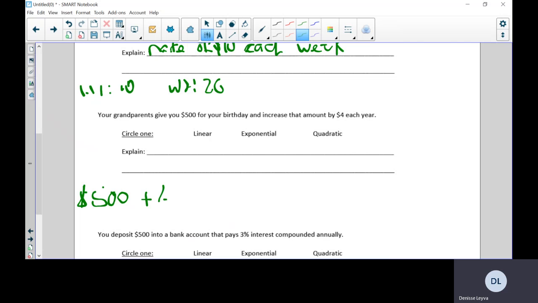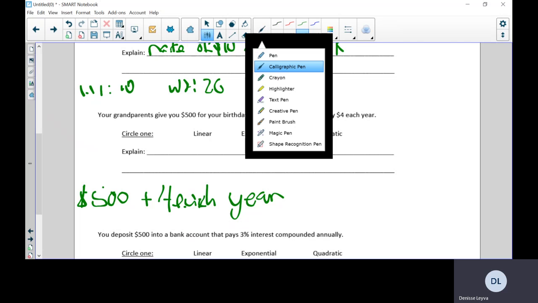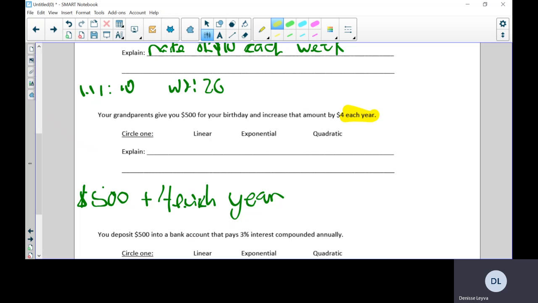So plus $4 each year. So again, what is important is this right here: every single year, we are going to be getting an amount that is the same. In this case, we have $4 each year, and it doesn't matter with those 500.